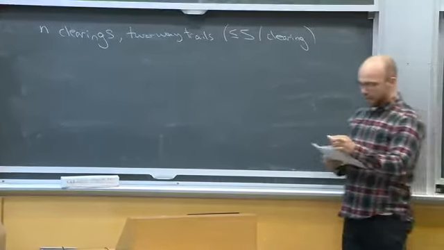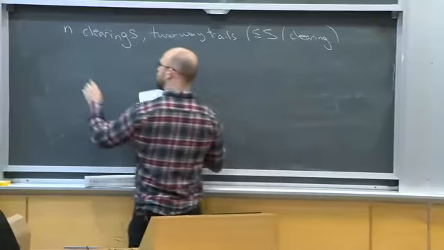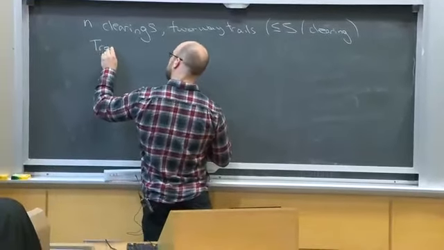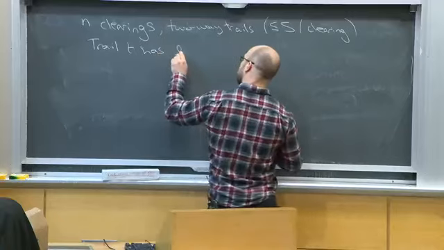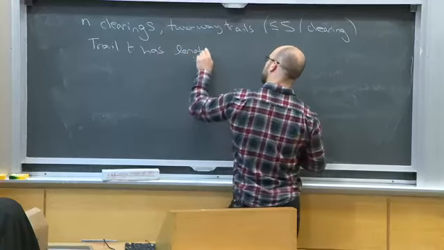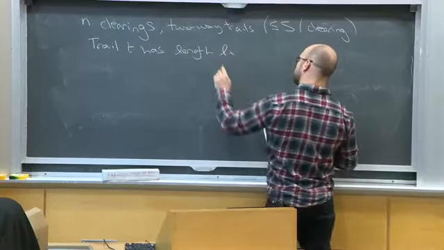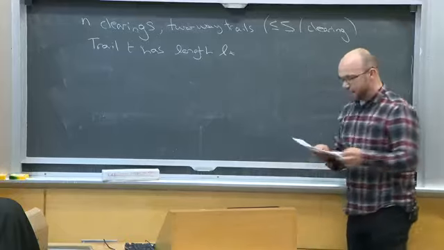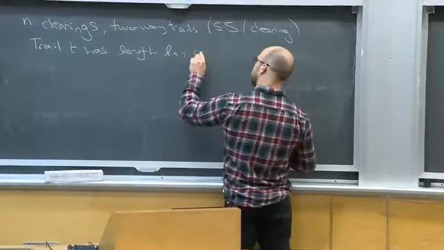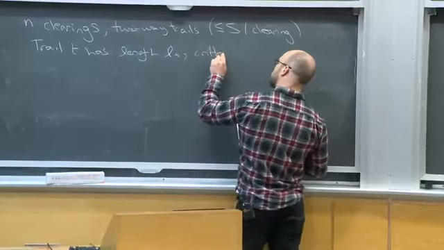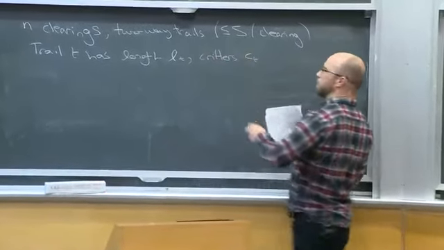Now with every trail, we associate a length, which we're going to call L sub t for trail t. But in addition to that, we're going to have another piece of information, which is that it has a set of critters on it, C sub t.